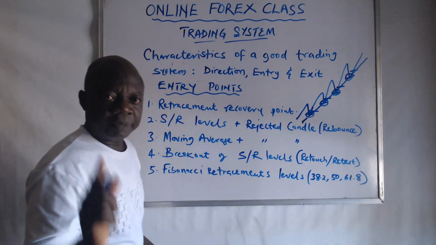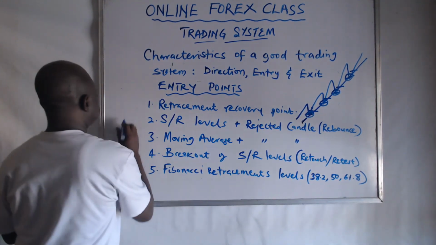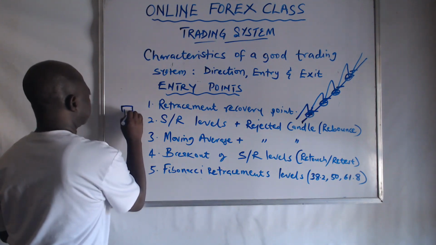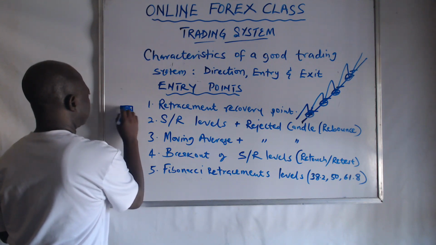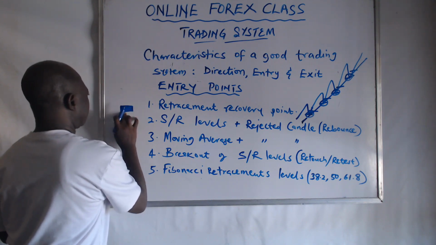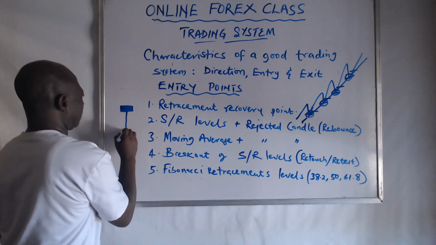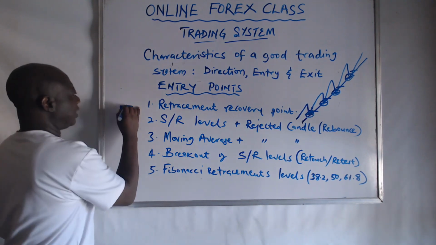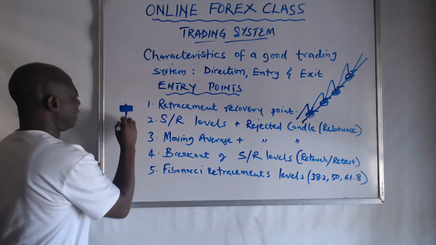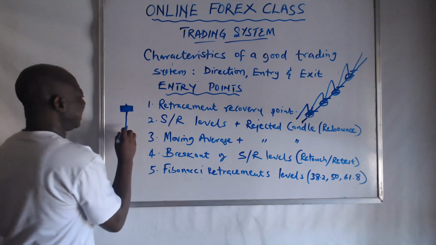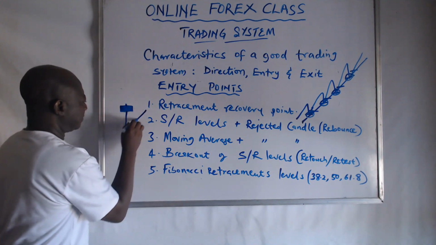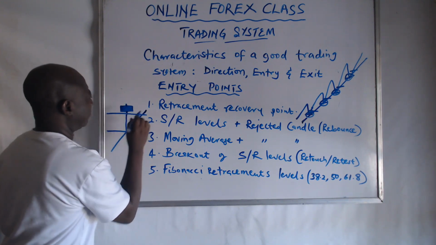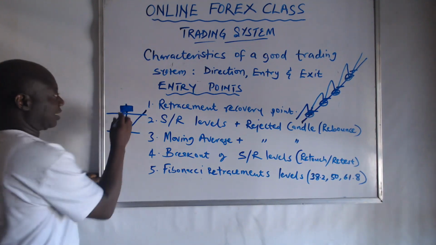In the case of buy, the rejected candle is like this. So what this means, sometimes it may have a very small wick. This is the candle now.